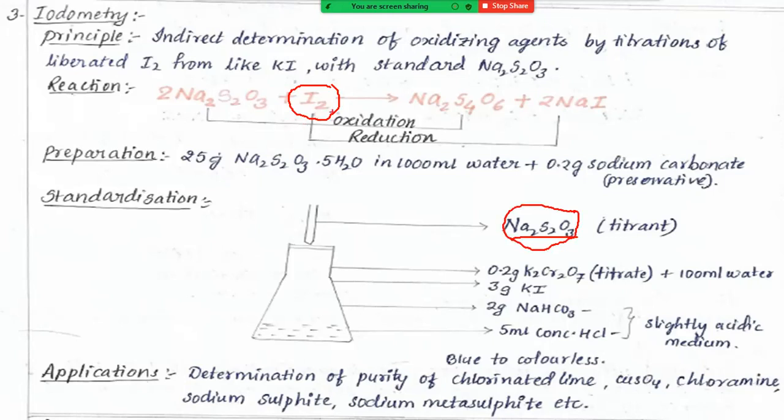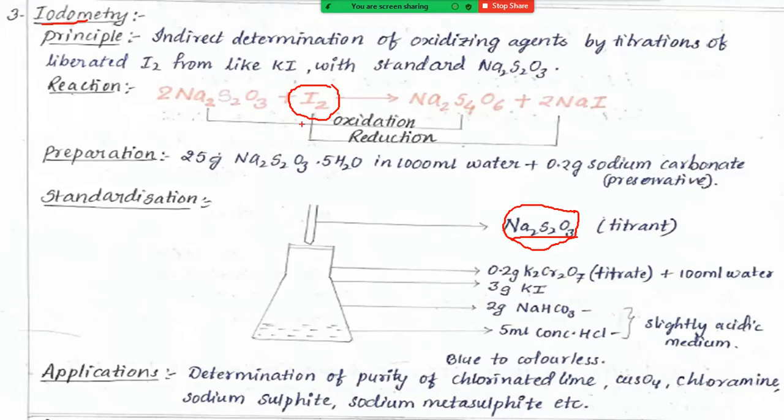Here iodine will be present, obtained from the reaction, liberated from the reaction. That liberated iodine will react with sodium thiosulfate. That's why iodometry is an indirect type of titration, and iodimetry is a direct type of titration.